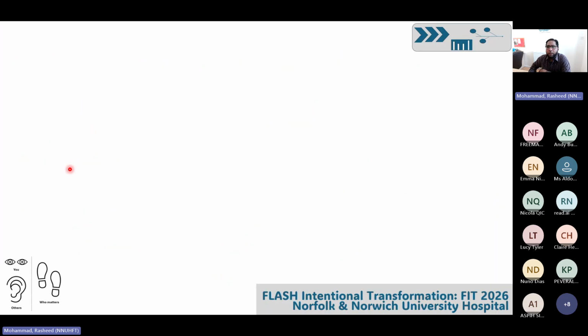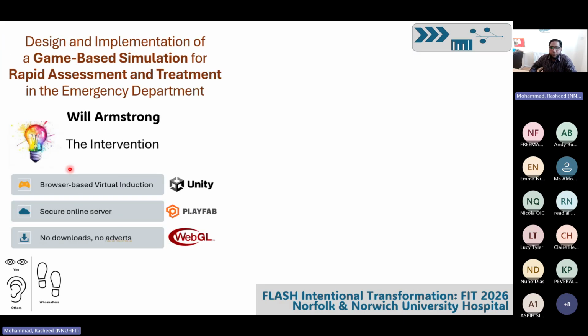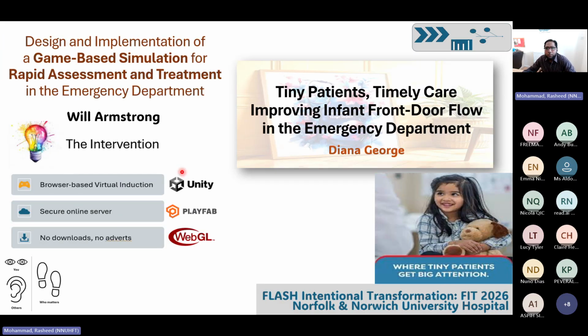On the other end of the spectrum, we look at clinical problems like undifferentiated patients coming to the front door in the emergency department or in the rapid assessment area where undifferentiated unwell patients come. So one of my colleagues is looking at how to use virtual reality in the context of transformative simulation and other tools to improve decision making.